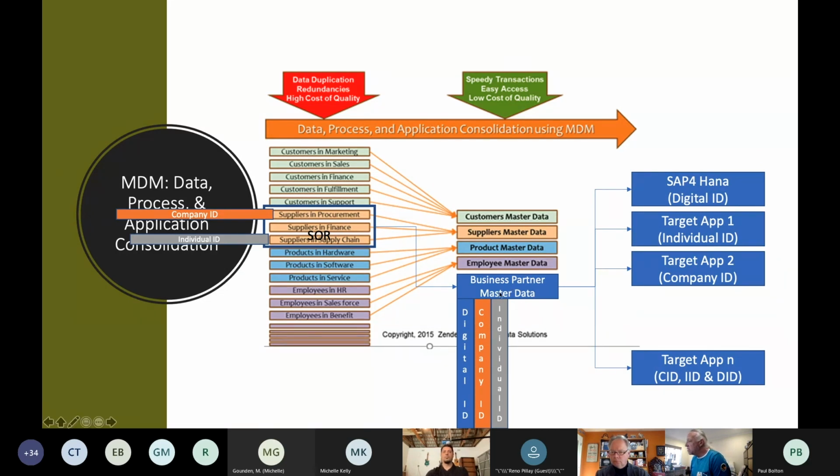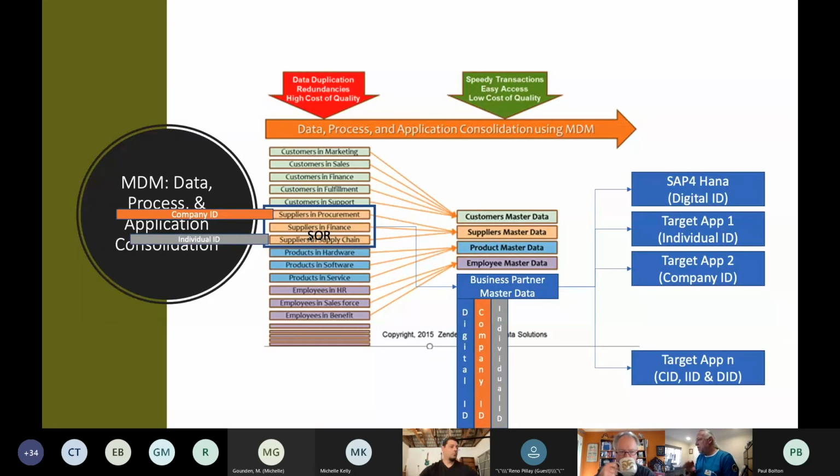And I can then identify these three source systems or systems of record that could have different party information. And you'll notice, as Rena asked, some of them may be at a company level, some of them may be at an individual level, some of them may just have passport numbers, some of them may have ID numbers or whatever it is.